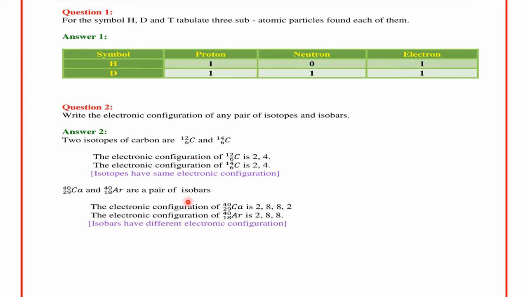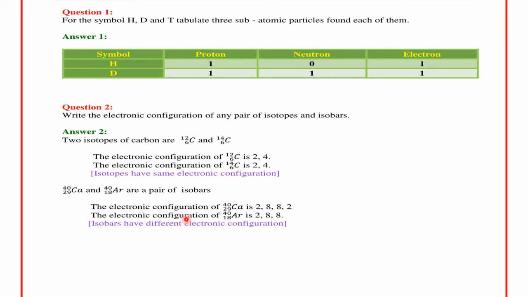In the same way, for isobars, the atomic number differs while the mass number is the same. But for writing the electronic configuration, we need the atomic number, that is, the number of electrons. Here the atomic number of this one is not 29, it is 19, and calcium is 20.